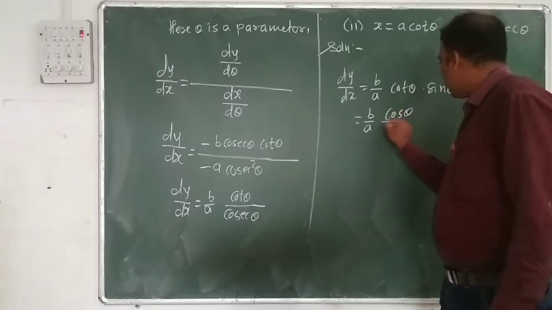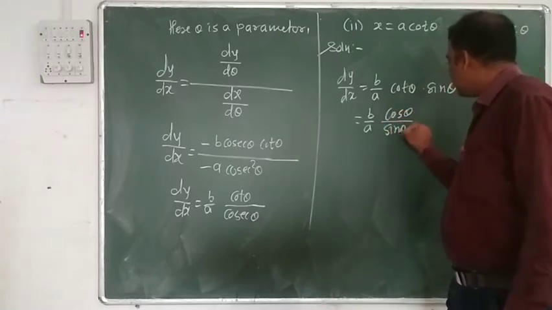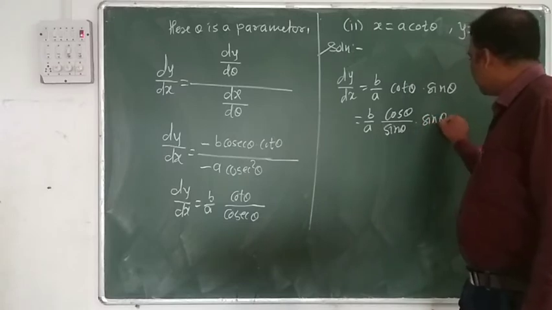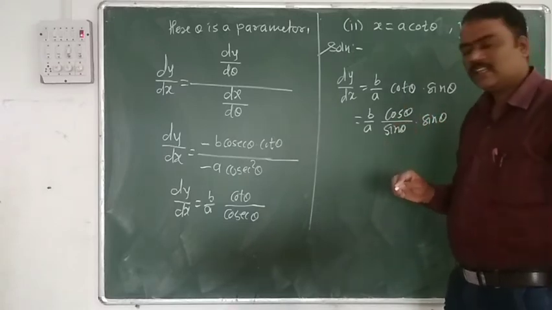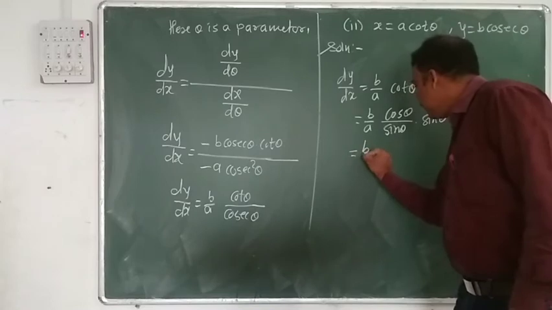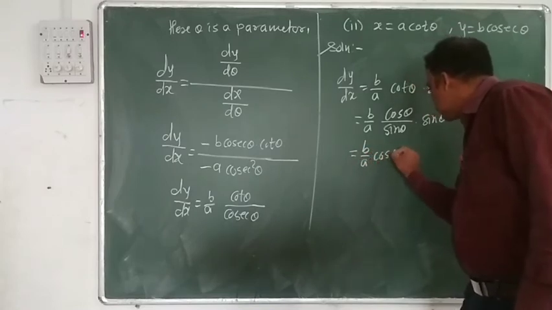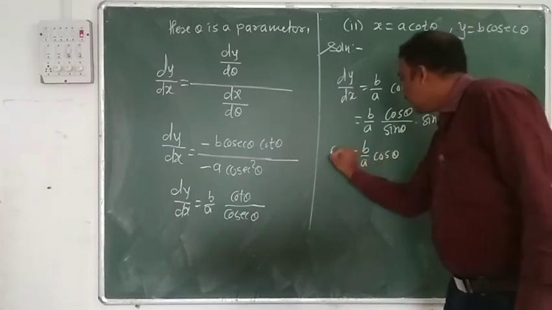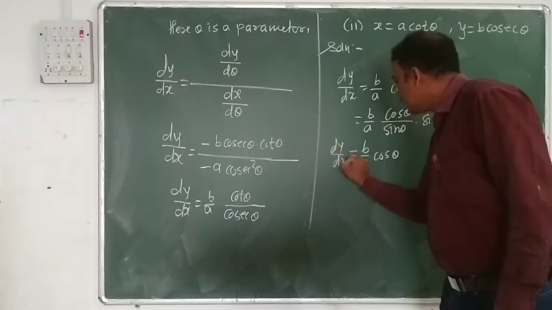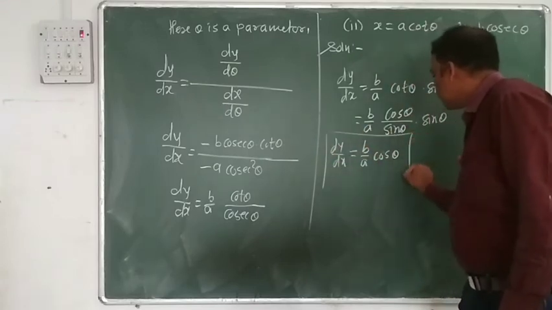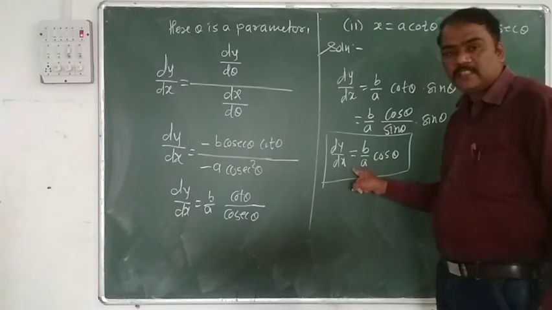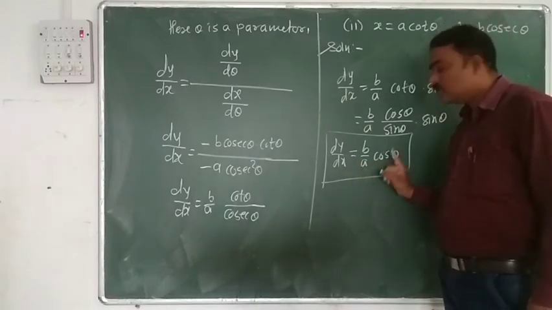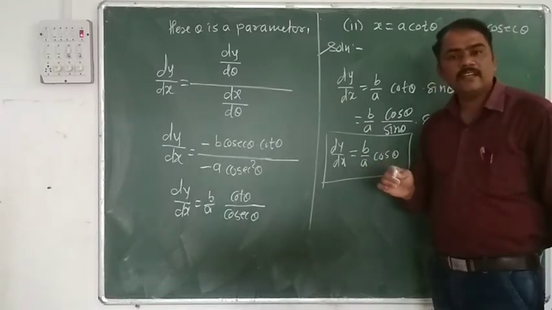Cos theta divided by sin theta into sin theta. Sin theta gets cancelled, so what remains is b by a cos theta. Then dy by dx is equal to b divided by a into cos theta, which is the required answer.